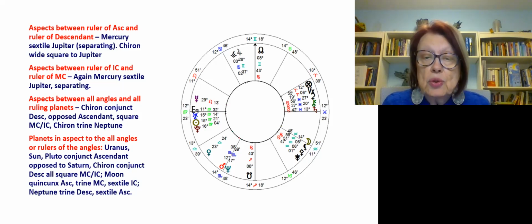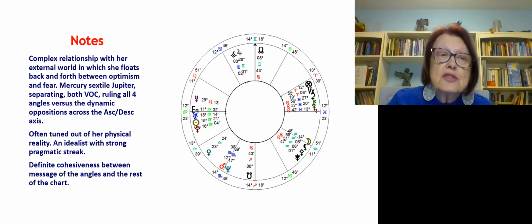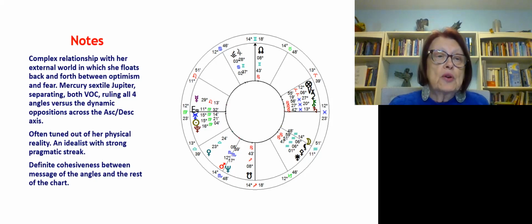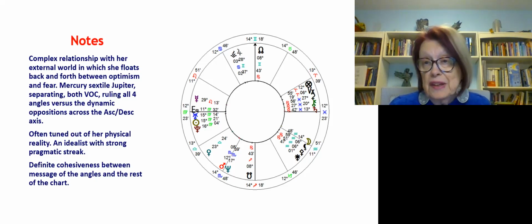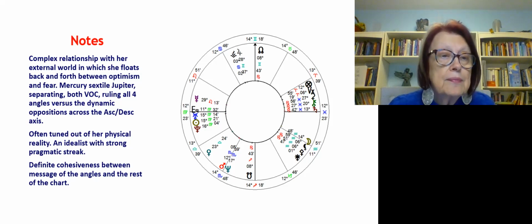However, this is someone who does not have a lot of fixed energy. So the notes: complex relationship with her external world, in which she floats back and forth between optimism and fear, because we have Saturn over there beside Chiron.